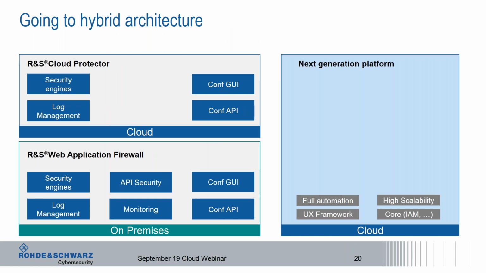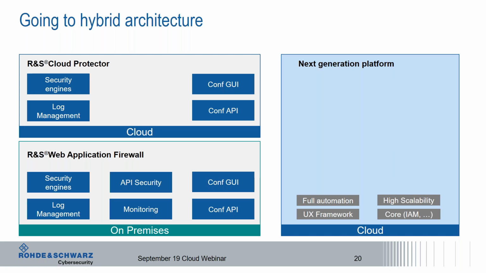But the idea for Rohde & Schwarz is to provide the next generation platform. We are already working on it. We already have the platform, and we will put some capabilities on top of this. When I say Rohde & Schwarz platform, it means that it will be hosted by ourselves.